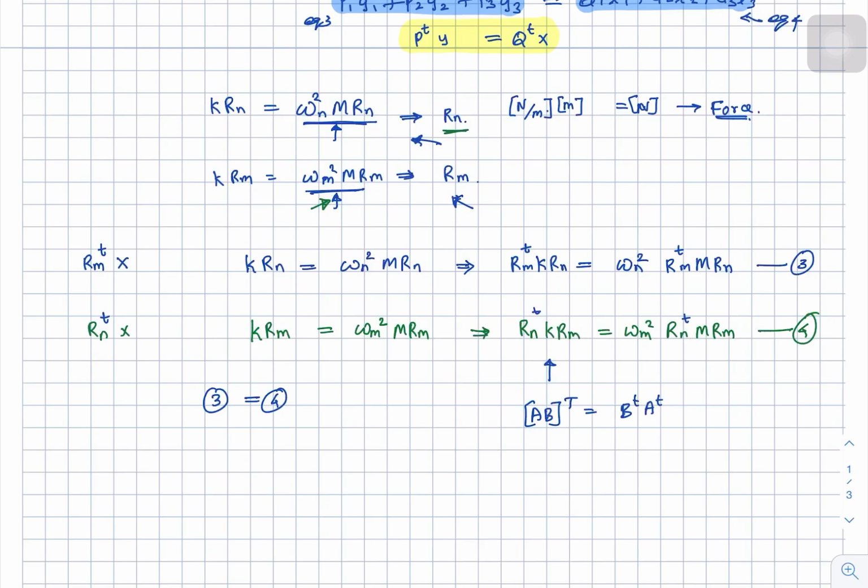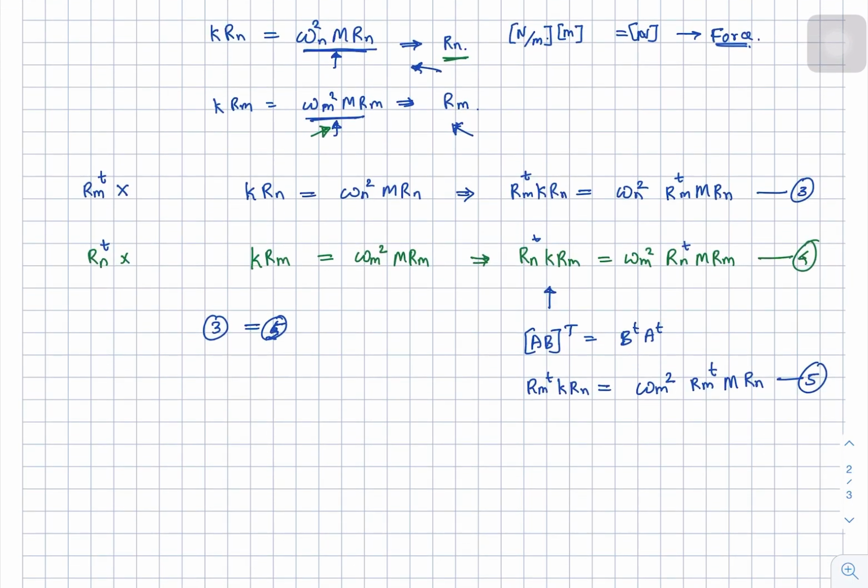So I take the transpose of 4, therefore it becomes Rm transpose k Rn equal to omega m square Rm transpose m Rn. So this we will get as 5. So now I can equate 4 and 5. If we take the whole transpose, its value won't change. So therefore I am equating it.